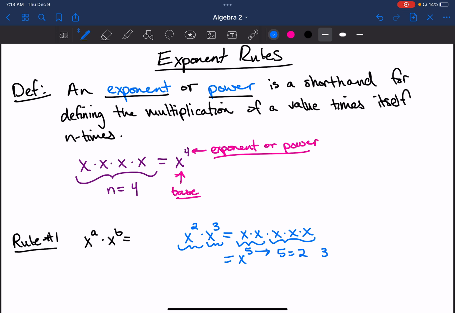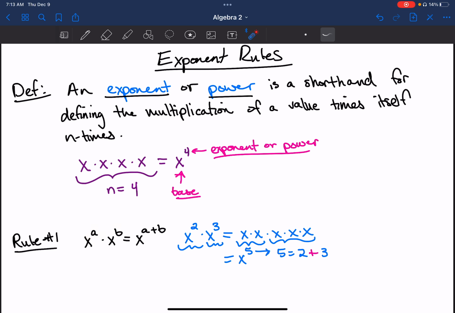So hopefully you're sitting there and you're like, yeah, 5 is 2 plus 3. So let's think about, how can we generalize that? Well, the new power is going to be the 2 powers we were given added together. So if we see multiplication between two exponents, we're going to add the powers.